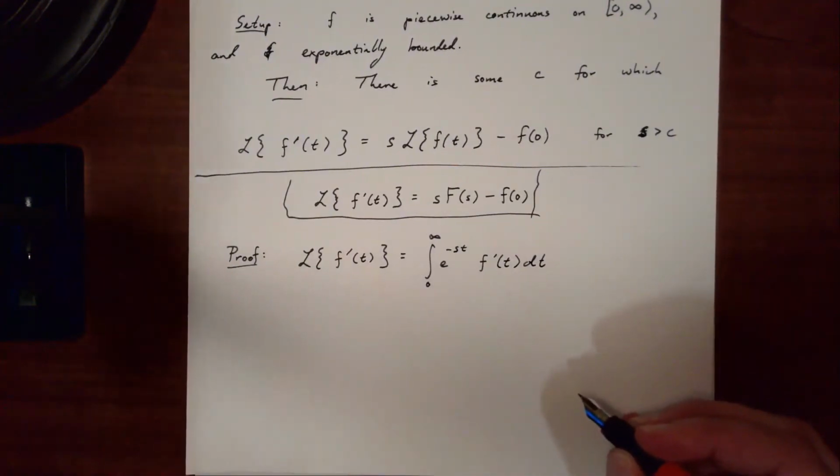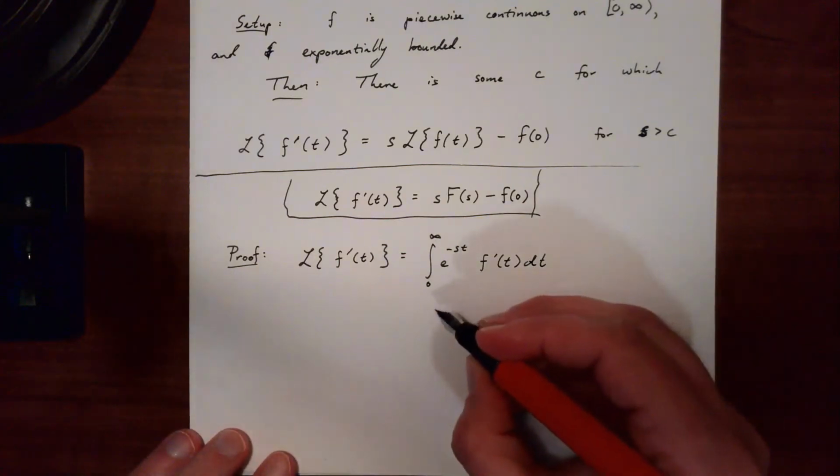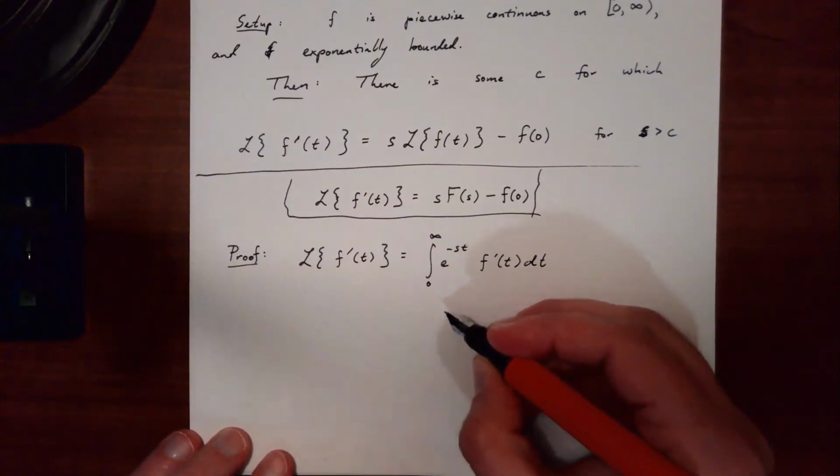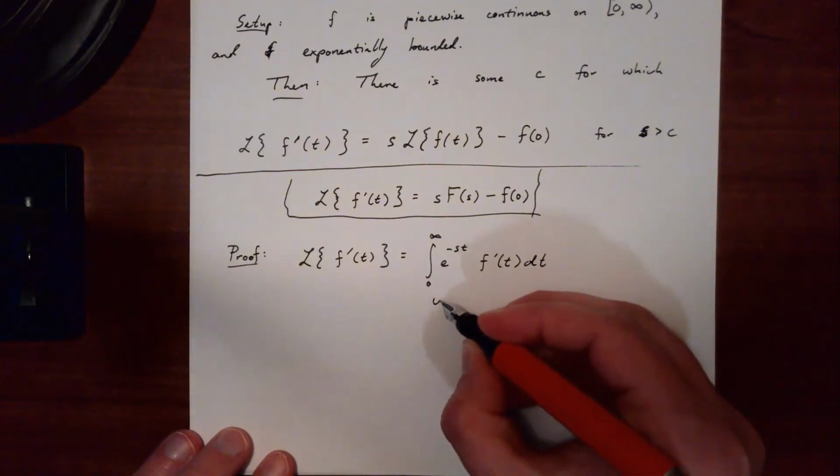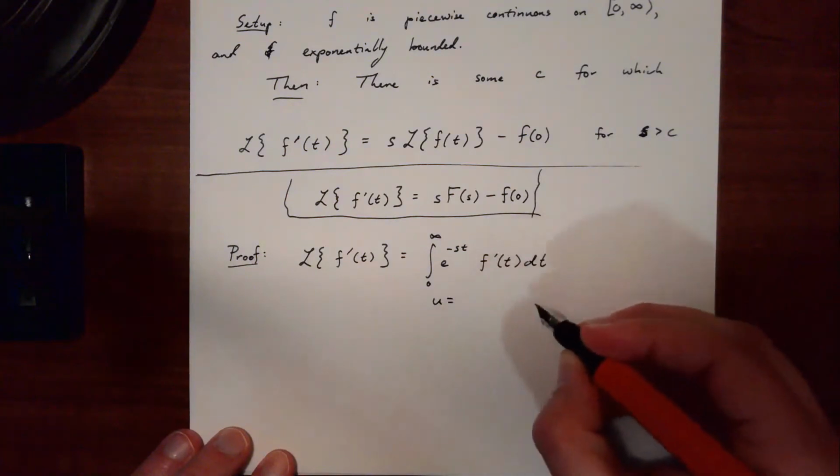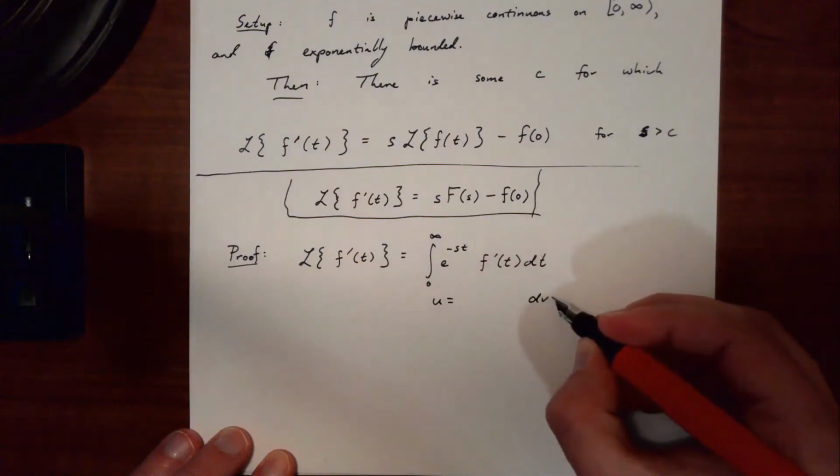Okay, well, how in the world are we going to integrate this, not even knowing what f equals? Well, if we set up an integration by parts, we can actually get pretty much there. So u equals something, dv equals something.